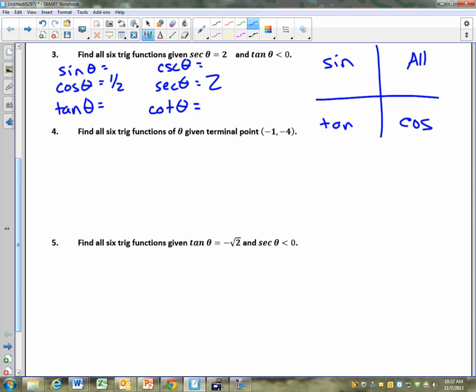So if cosine is positive and tangent is negative, which quadrant are you working in? Cosine is positive here and here. So which one is it? It's 4, because tangent is positive up here as well, but you know tangent is negative. So we're working in quadrant 4. If you're working in quadrant 4, you know tangent is negative and sine is negative. Negative, negative, negative, negative.